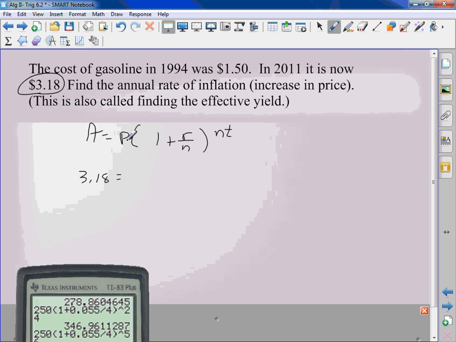No. How much did it start off at? It started off at $1.50. That's the final cost of the gas. I'm trying to find the rate.